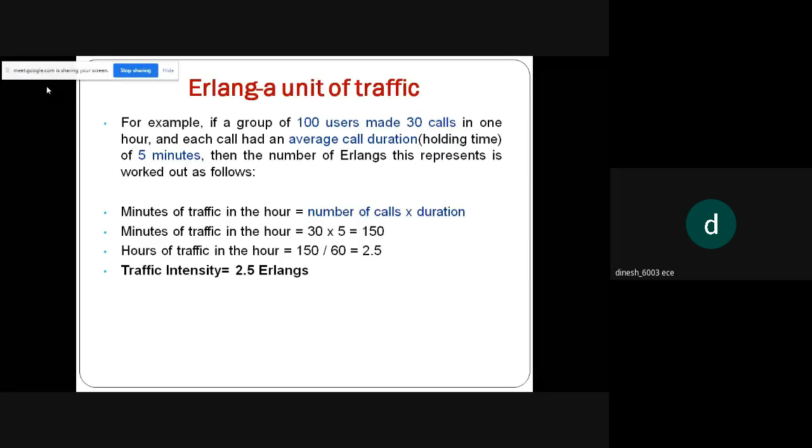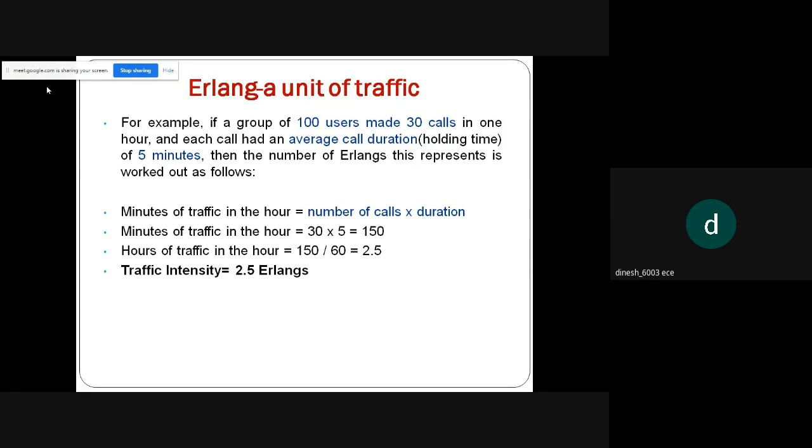So the minutes of traffic in the hour is 150, which comes from number of calls into duration, 30 into 5, 150. Okay. So the hours of traffic in that one particular hour, we have to see. So that is minutes of traffic in the hour divided by 60 minutes. So 150 by 60 gives 2.5.